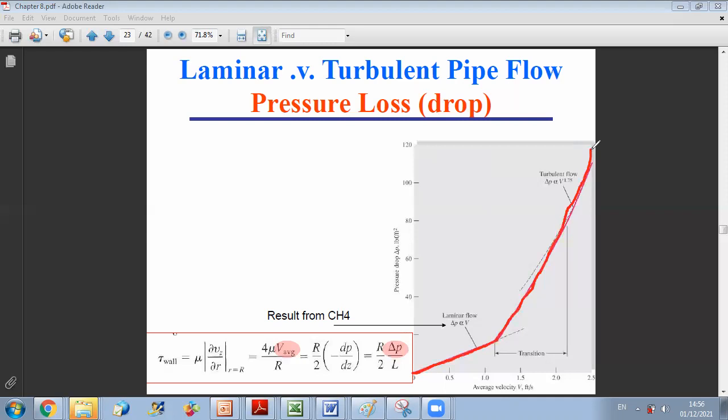So this already indicates a variation in behavior. And this is how they could detect the value of Reynolds.